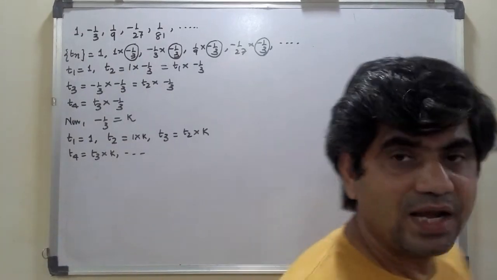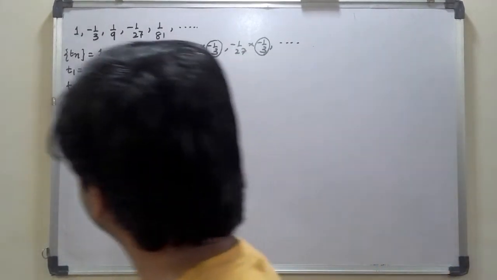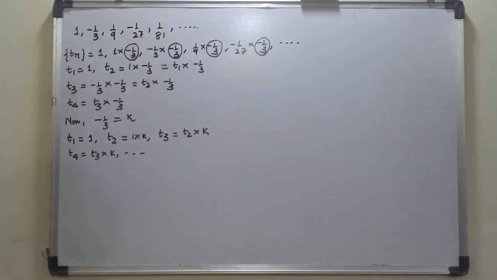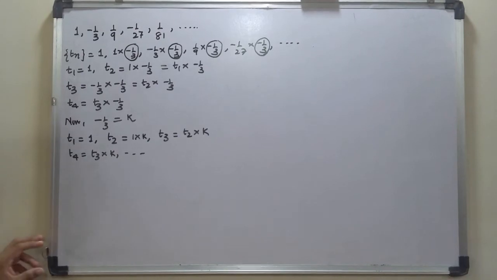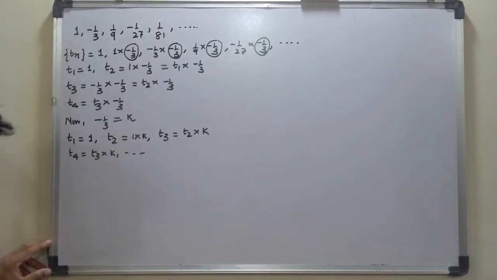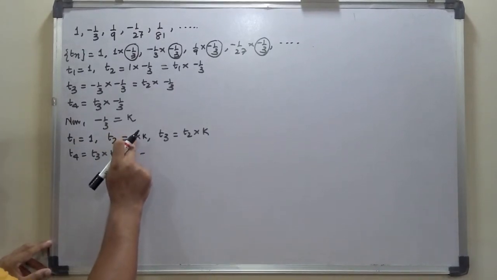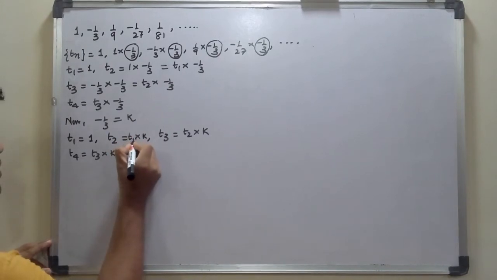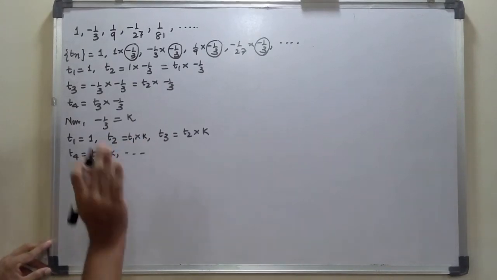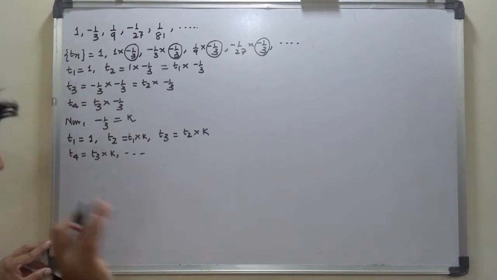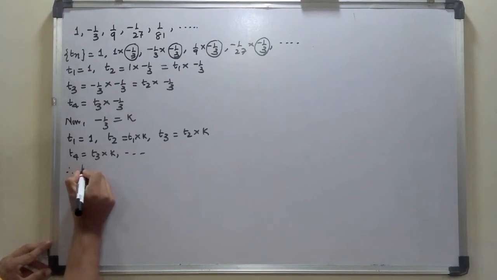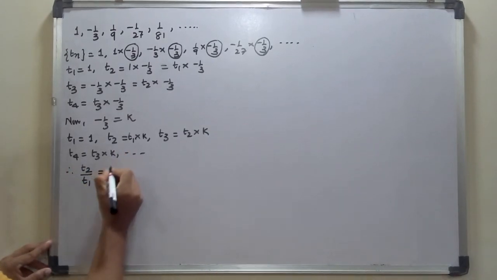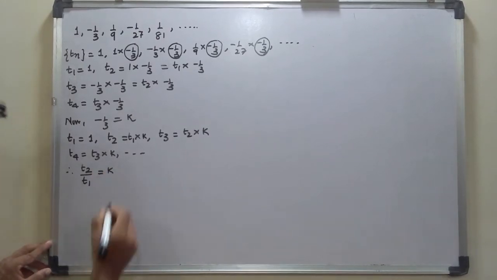Means now if I see here, this 1 is nothing but your T1. So what I get, leaving T1, I can find here T2 by T1 is your K. Agreed?